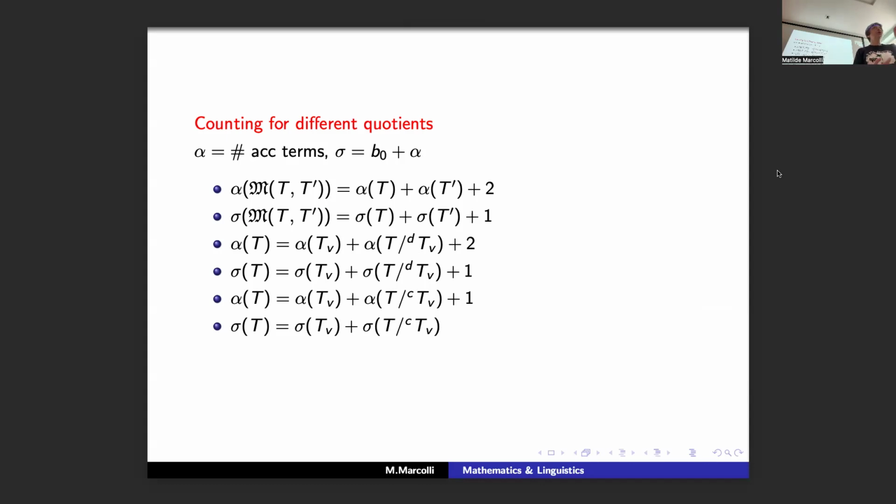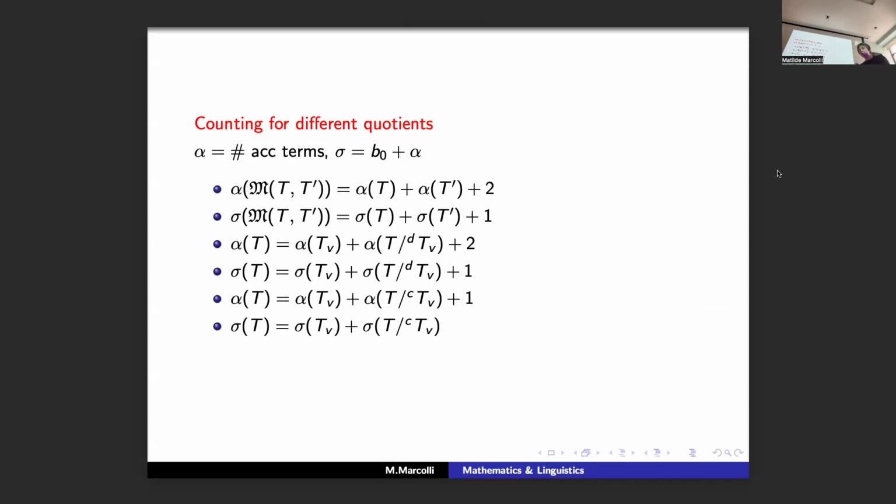For example, that new leaf is an accessible term itself, which is not there in the other case, and also you are shrinking one edge by doing some edge contraction to get the maximal binary tree, and that also reduces the number of accessible terms.